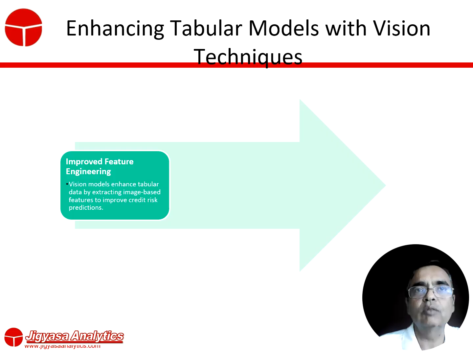Using this, we could get embeddings, we could, in fact, get vision model scores or classifications, and there are lots of other ways in which our tabular data can be enhanced using vision model outputs, which will lead to a superior scorecard.